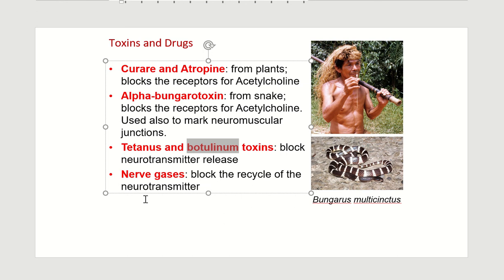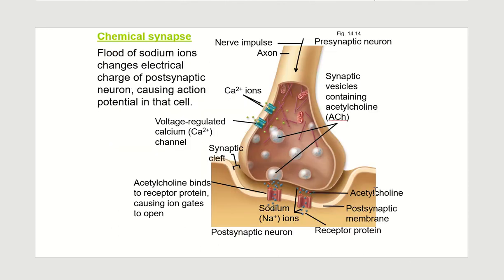Nerve gases block the recycling of neurotransmitters. So let me say one more thing about this. So let's go back here. These neurotransmitters, for example, acetylcholine, are going to be released into the synaptic cleft. They're going to bind to the receptor. They do not enter the postsynaptic cell. Something else, sodium ions, enter the postsynaptic cell. Instead, the neurotransmitter gets pumped back into the presynaptic cell.